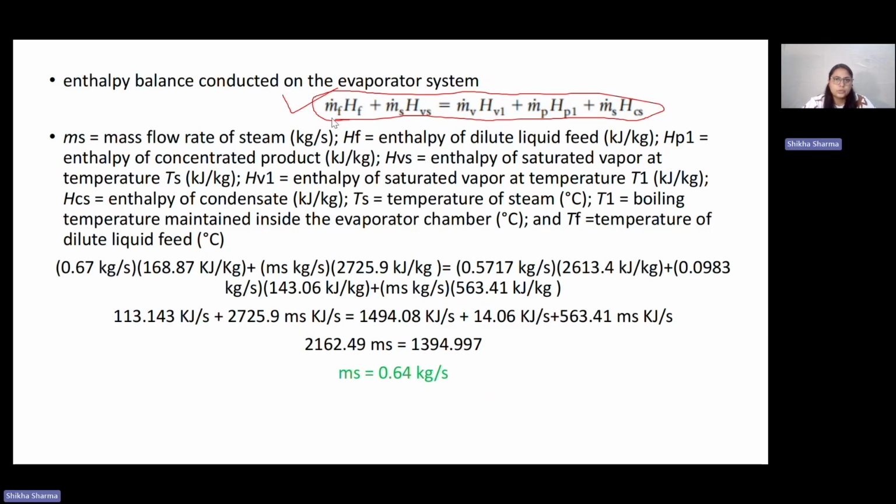Here in this equation, MF is the mass flow rate of the feed, and HF is the enthalpy of the dilute liquid feed.